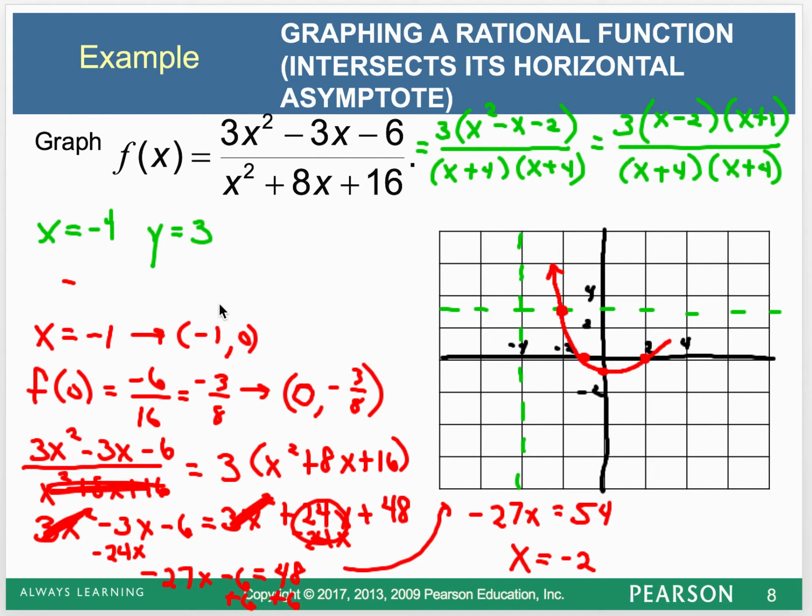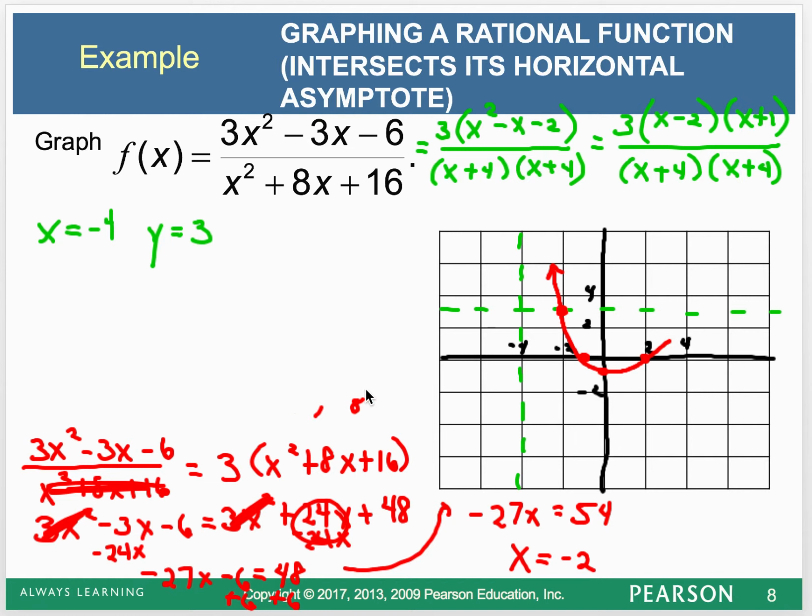All right. Just to be doubly sure and get as good a graph as we can, let's even do, oh, these are going by 2, so 2, 4, 6, 8. Let's do f of 8 and see where it is. And it's going to be easier to do it where it's factored, right? So we'd have 3 times 8 minus 2 is 6 times 8 plus 1 is 9 all over 8 plus 4 is 12 times 12.